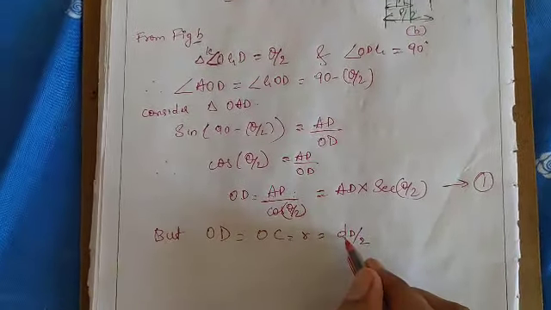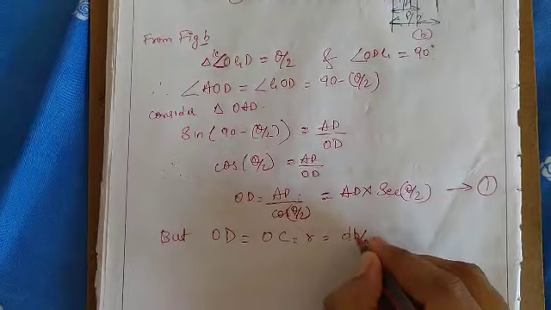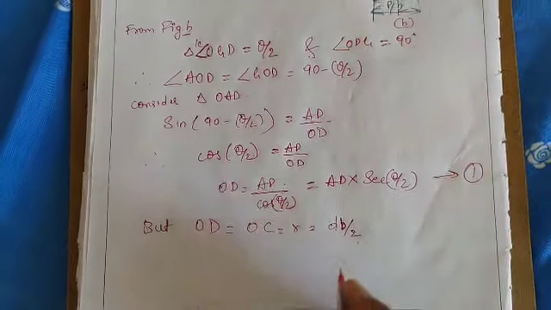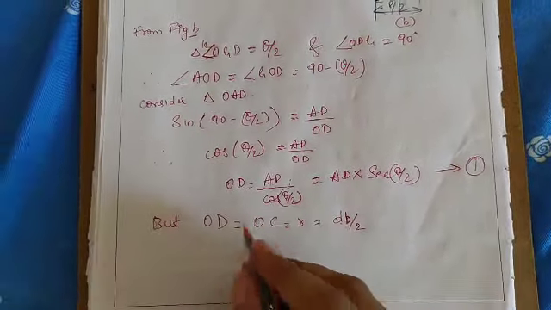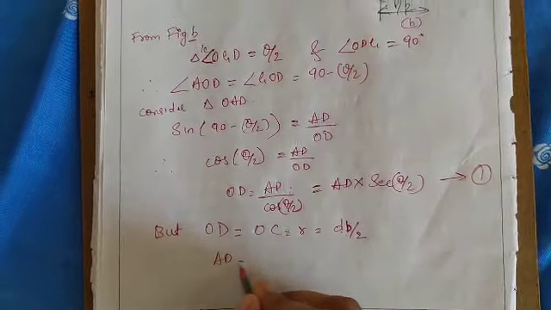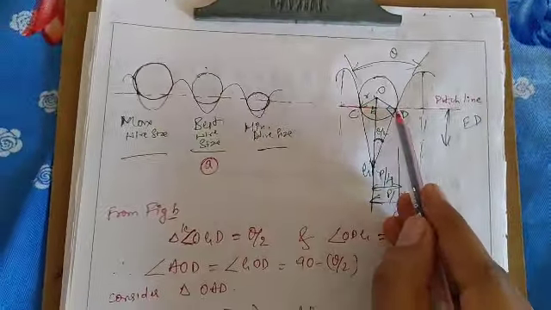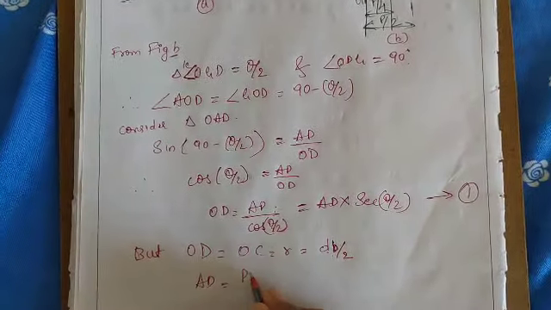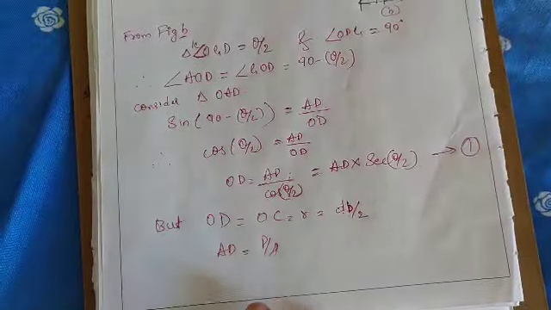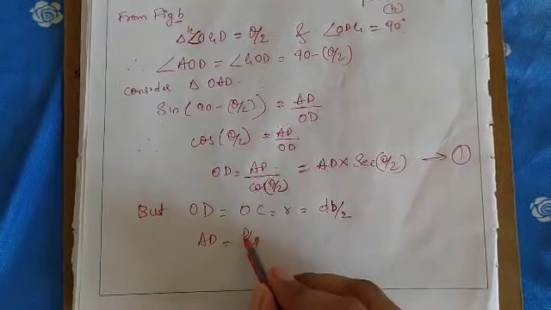Here the small b represents the best wire diameter. AD, the distance between A and D in the figure, is P by 4, where P represents the pitch of the thread.